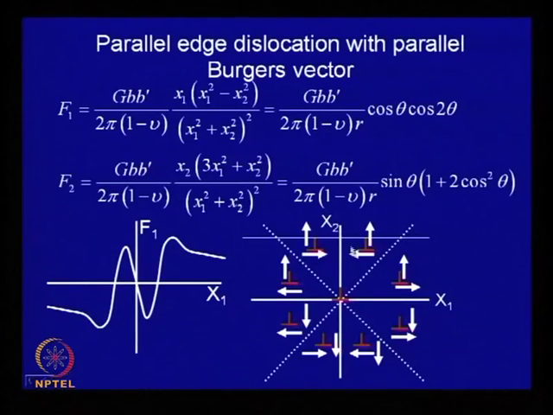Now, let us look at these coordinates, say this is a 2D diagram, this is the x 1 axis, this is the x 2 axis. These are lines where x 1 is equal to x 2. If x 1 is equal to x 2, what does it show? Let us look at the nature of F 1. If x 1 is equal to x 2, then F 1 is 0.